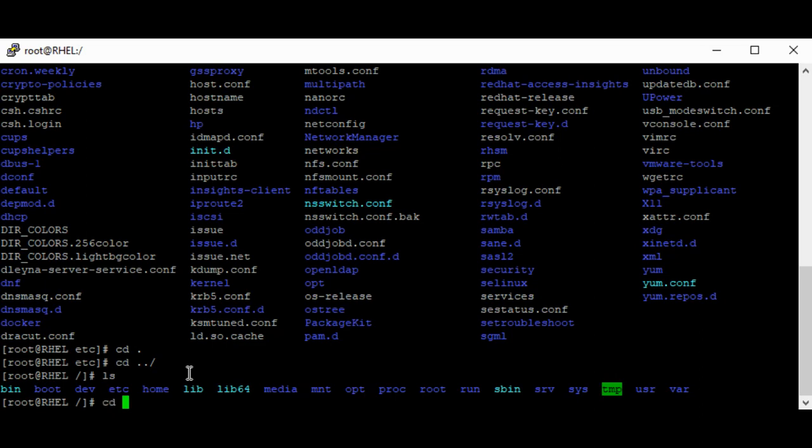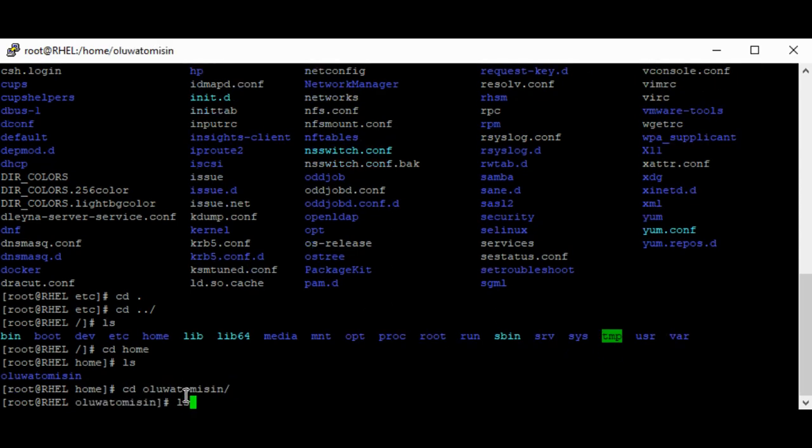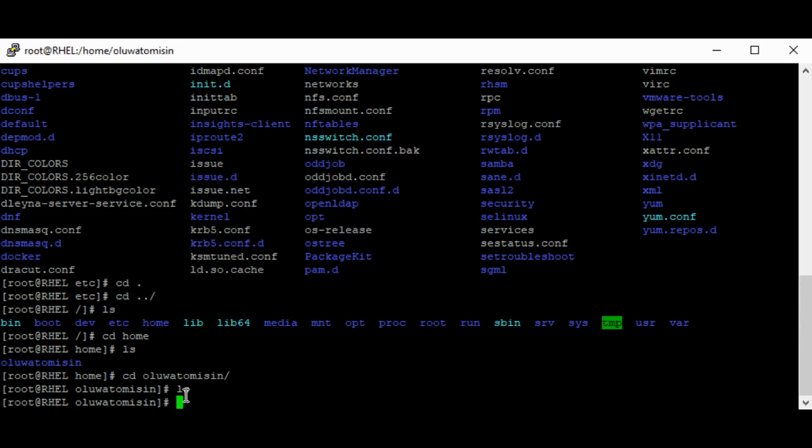So let's look at the home directory. Okay, so apparently I only have one user on the system, which is Oluwatomisin. As a root user, I can check the content of the homes of other users. So this is the home directory of the Oluwatomisin user.